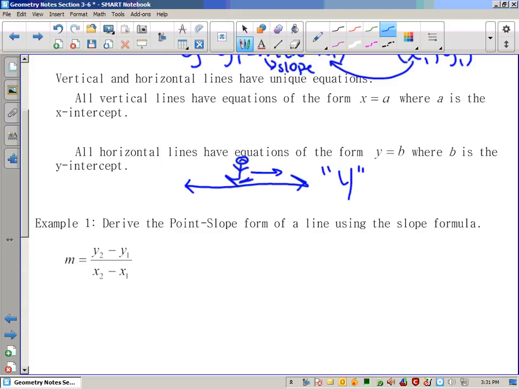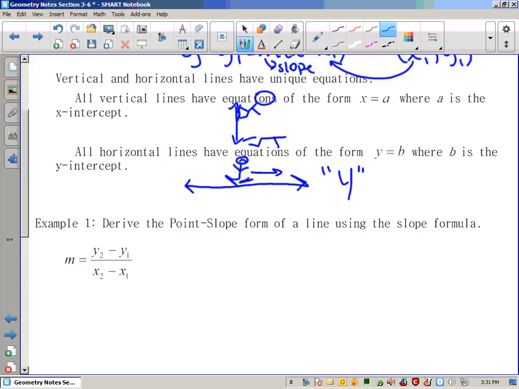Now x, this one's a little bit more interesting. So pretend this some dude, this not very intelligent fellow, is skiing down a vertical slope. Well, what's going to happen is he's going to fall down and he's going to die. He's going to go splat.